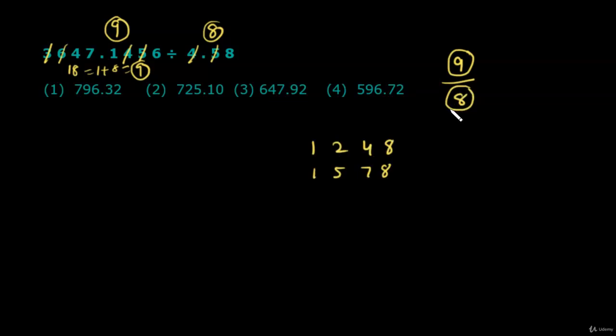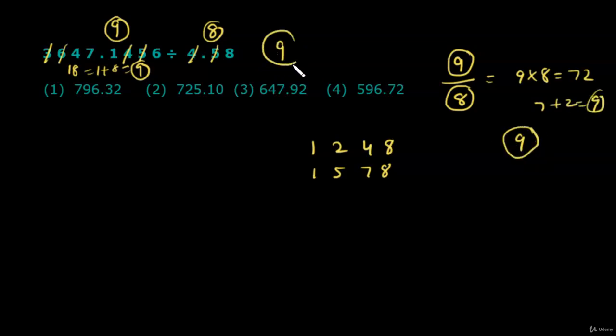The paired number for denominator 8 is 8 again. That means we will multiply 9 by 8, 72, and 7 plus 2 is 9. So the digital sum for the answer is coming out to be 9. So the final answer will have digital sum 9.